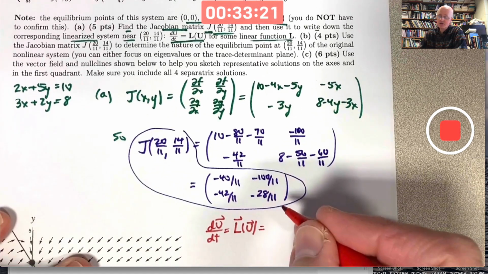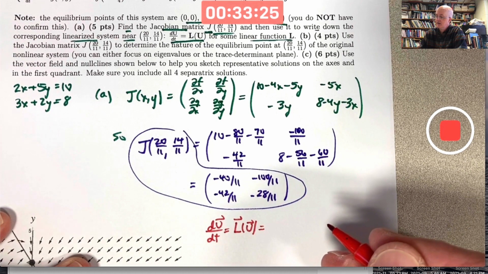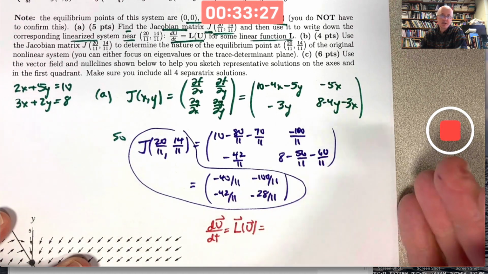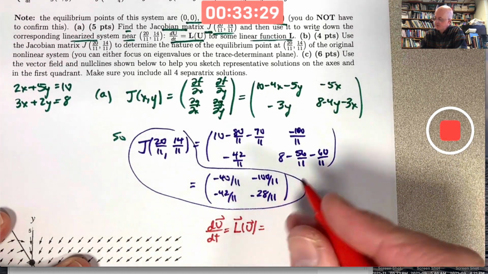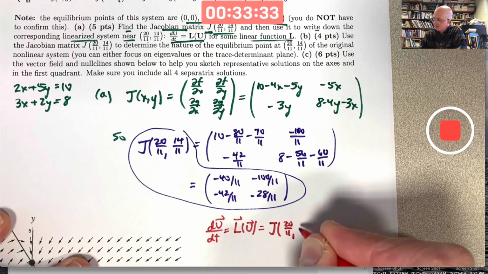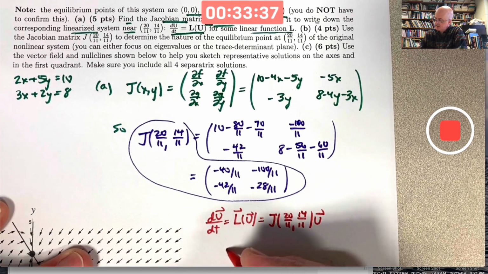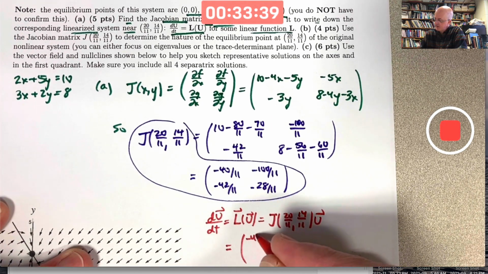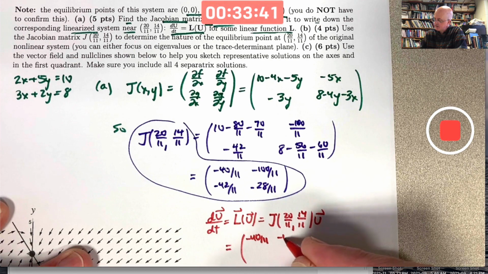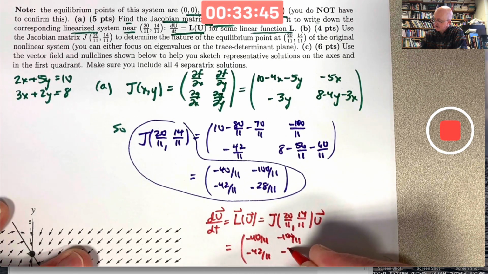Just the Jacobian matrix times u, right? We create linear transformations in higher dimensions as matrices times vectors. That's the matrix we want. J of 20/11, comma 14/11 times u. So that becomes negative 40/11, negative 100/11, negative 42/11, and negative 28/11 if I've not made a mistake, times u.